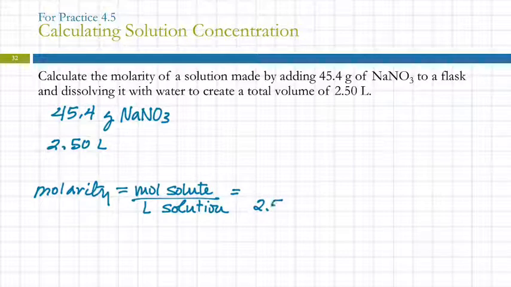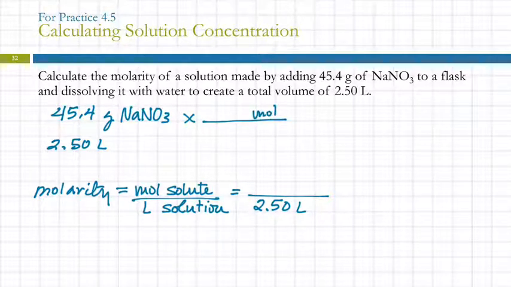They gave that to me, 2.50 liters of solution. But they didn't give me the solute in moles, they gave it to me in grams. And that is extremely common because that's what you get when you weigh it out. You get a mass. But in the concentration, we want moles. So there's another time where we're converting grams to moles. So I've got grams and I want moles. So I'm going to multiply by moles, divide by grams. The grams cancel. And now I just need to find the molar mass.